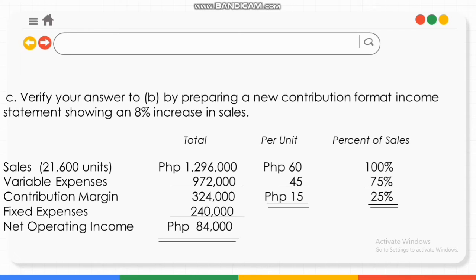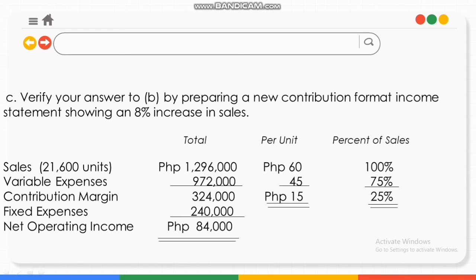So, yung kanina natin na total sales is equals to 1,200,000, times natin siya sa 1.08, makukuha natin yung 1,296,000. Ganun din dito sa variable expenses. Yung 900 na given kanina, times sa 1.08, makukuha natin yung 972,000.